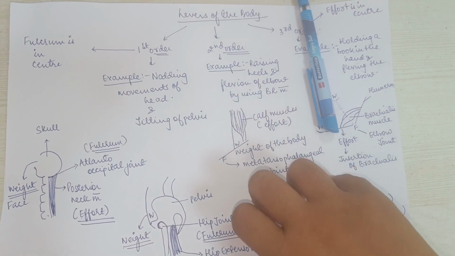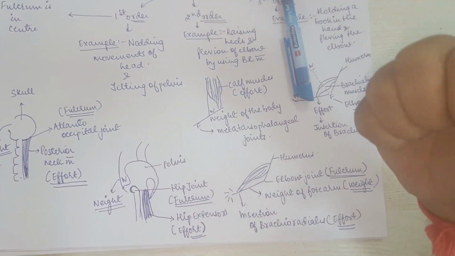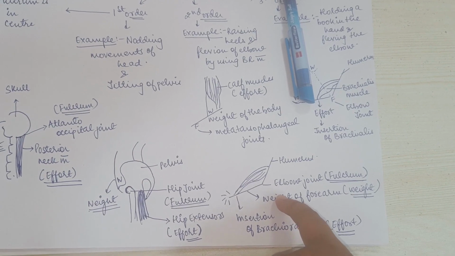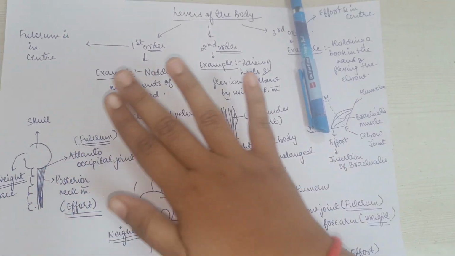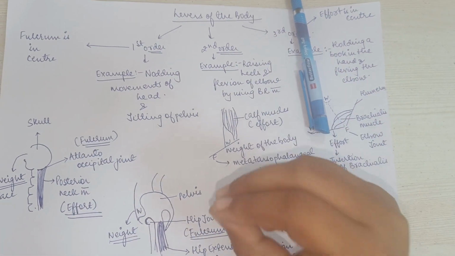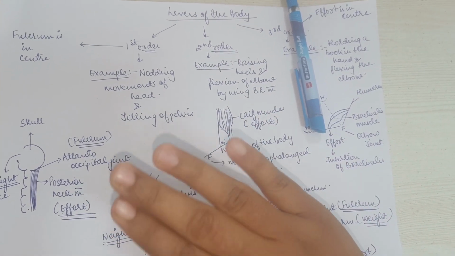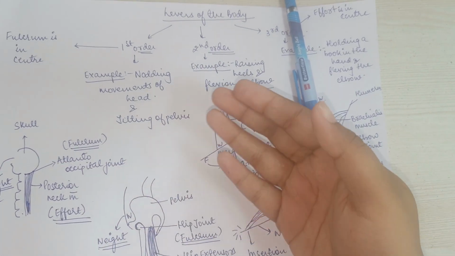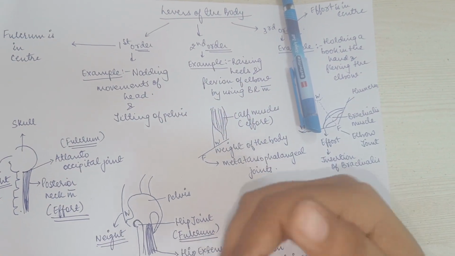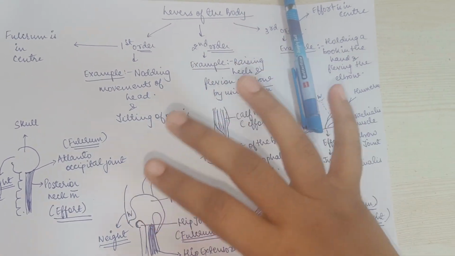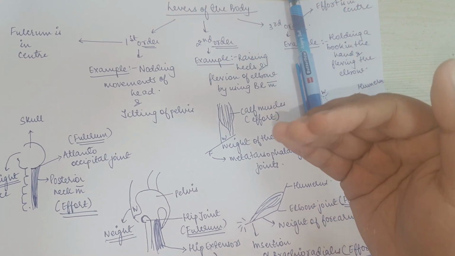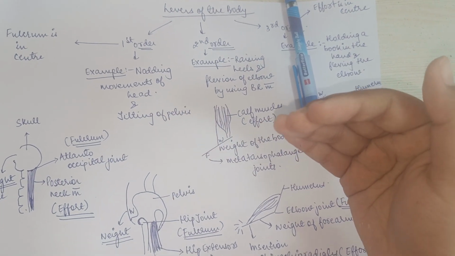Another example is whenever you flex your elbow. For all these things, at least a basic knowledge of anatomy is required so that the origin and insertions are clear, which will make it easily understandable for the students whenever they try to understand the levers of the body.